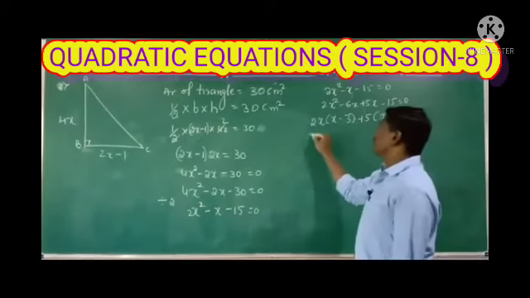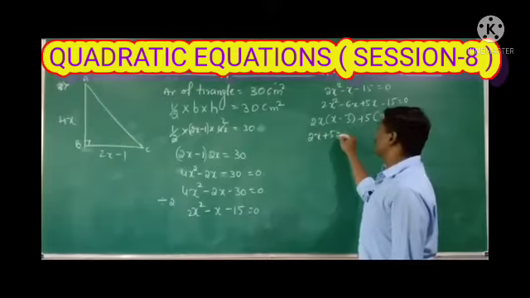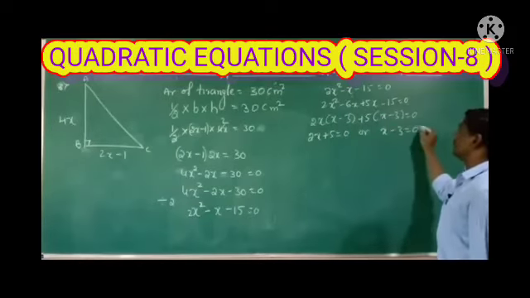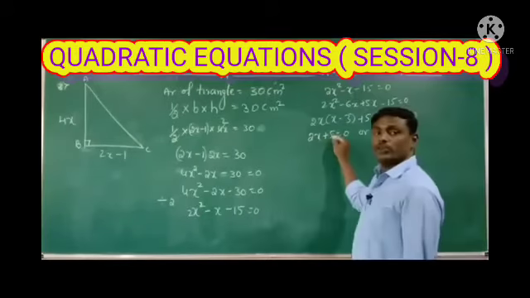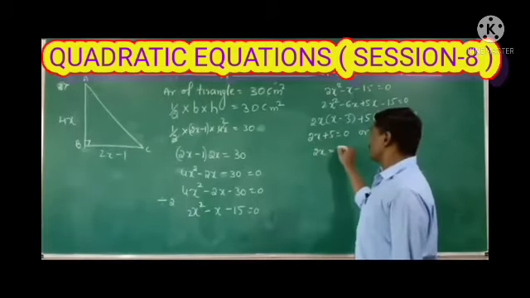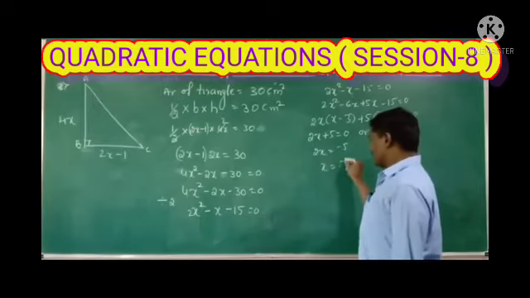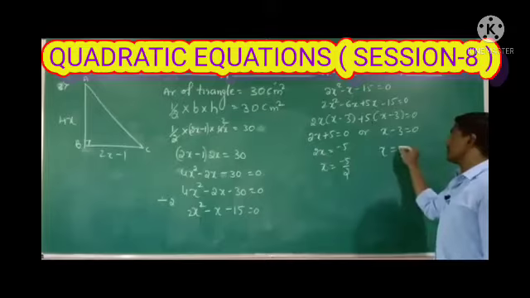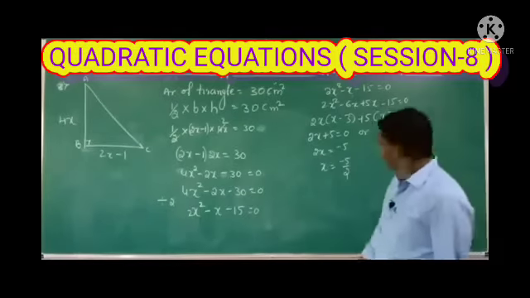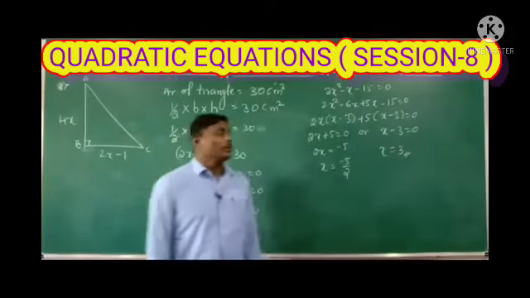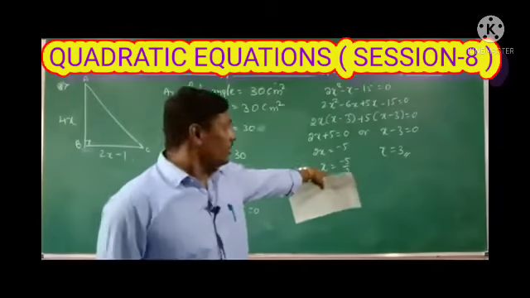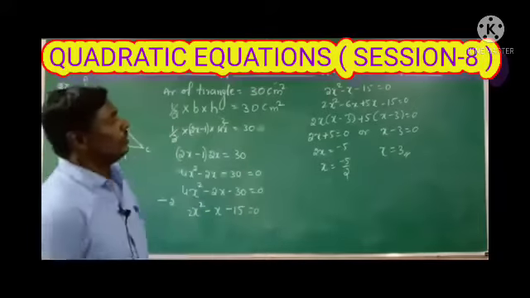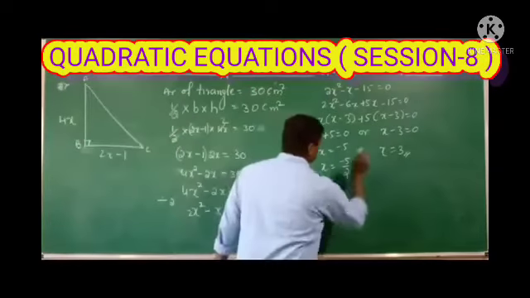So one term is 2x plus 5, which is equal to 0, or another term is x minus 3, which is equal to 0. If 2x plus 5 is equal to 0, means 2x is equal to minus 5, and x becomes minus 5 by 2. Here x minus 3 is equal to 0, means x is equal to 3. Okay, the length of the triangle will never be in negative form, so the required x value is 3.